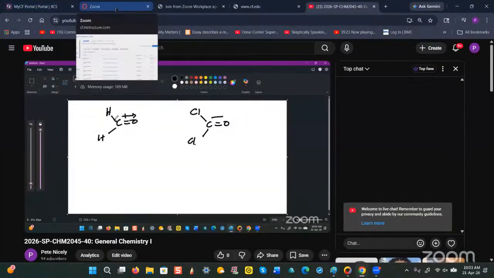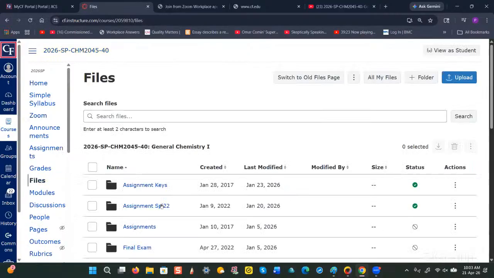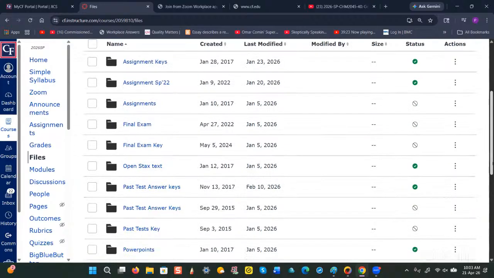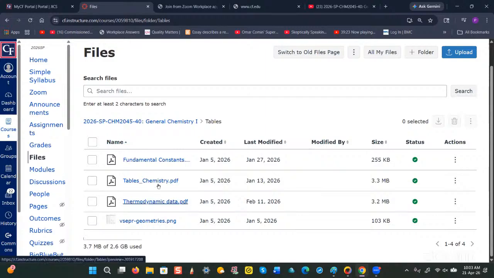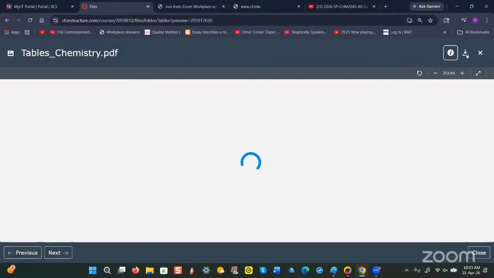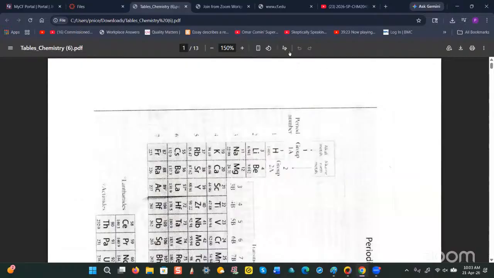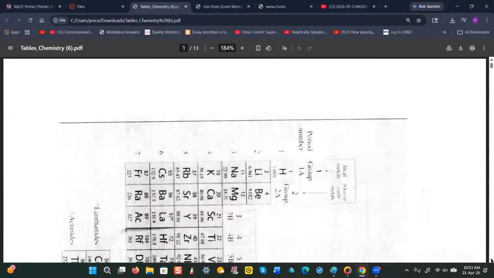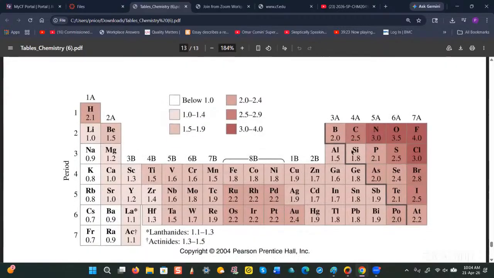Let me look up the values. Carbon is 2.5, hydrogen is 2.1, so the difference here is 0.4.